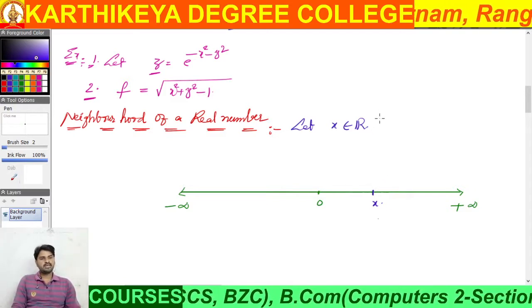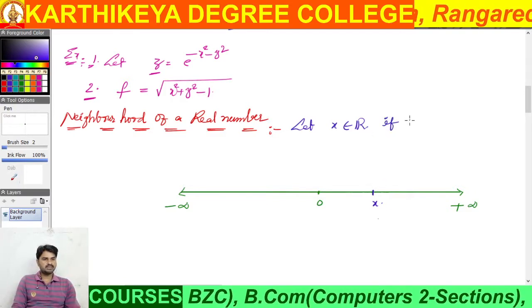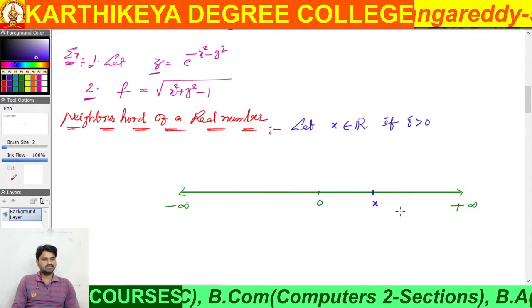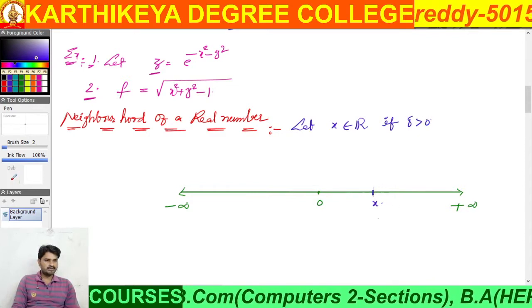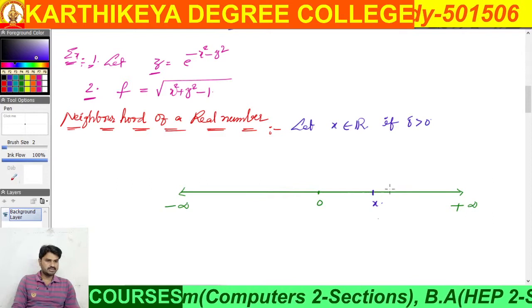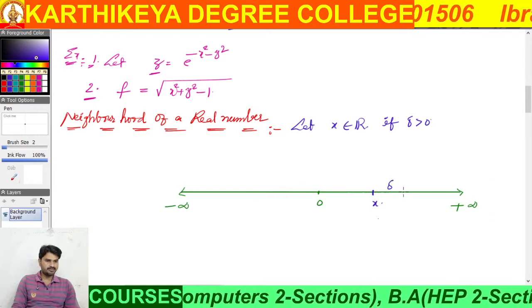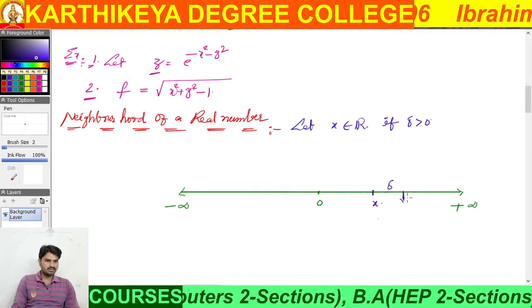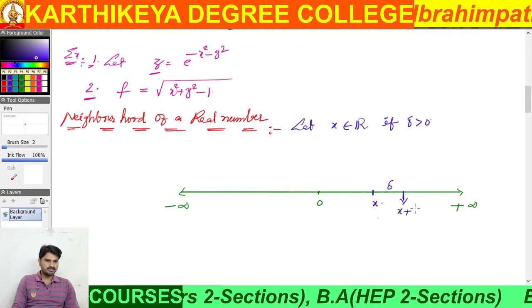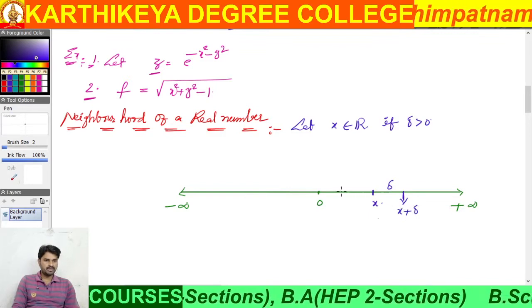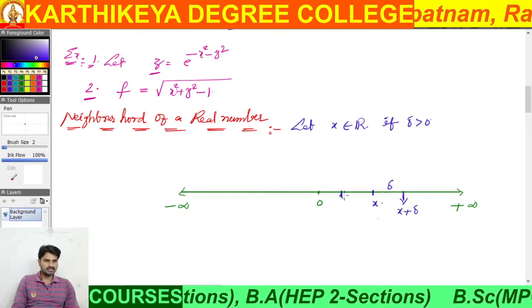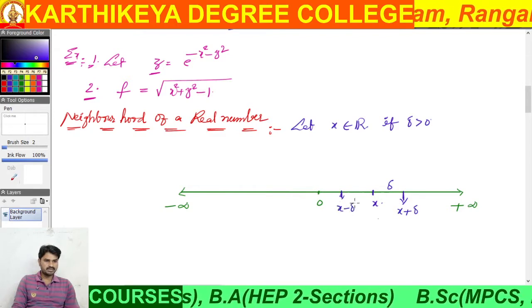Suppose I take a distance delta greater than 0 on the right side of x. The neighbor on the right hand side is x plus delta. On the left hand side you will get x minus delta.